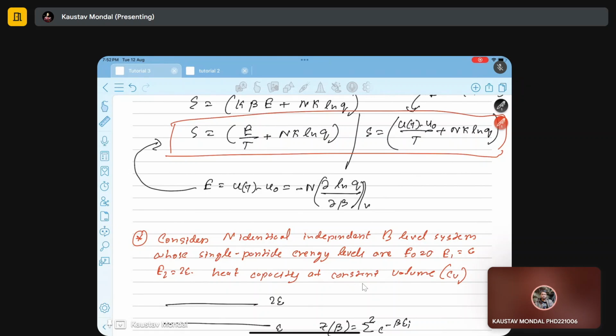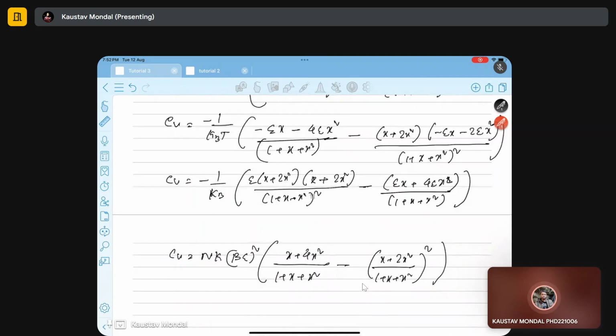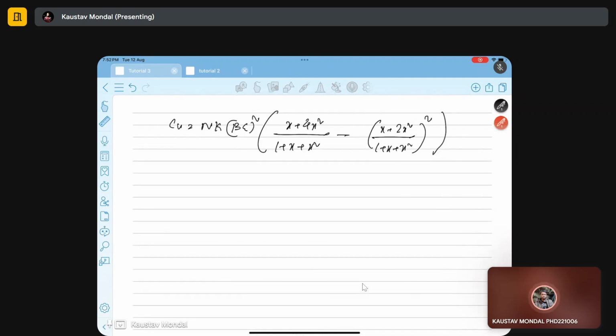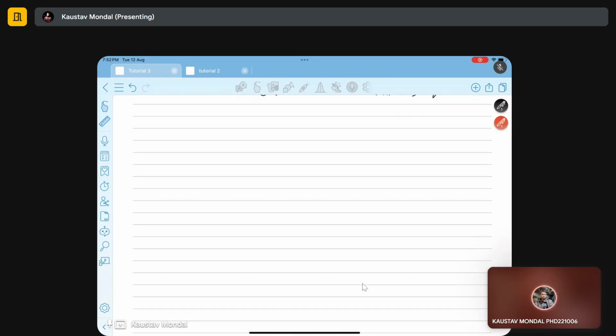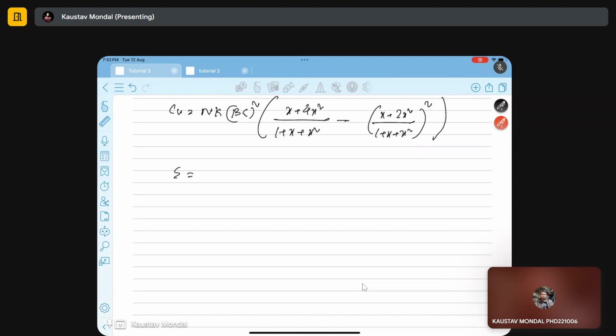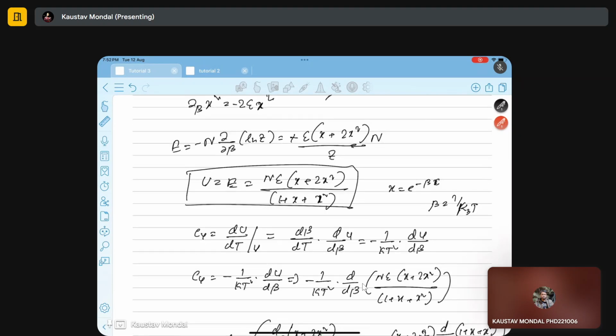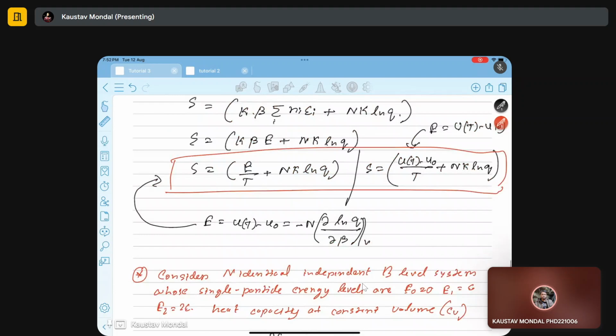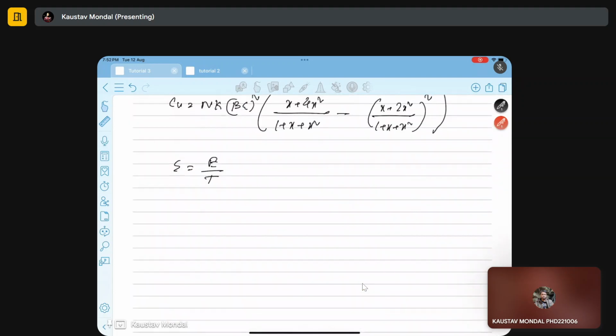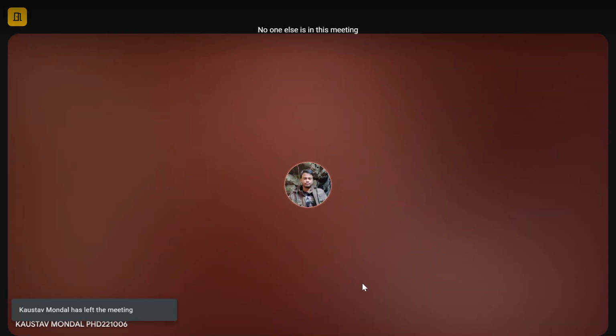So we just need to substitute those two expressions here in order to get the entropy of the system. Entropy would be simply E by T plus Nk ln Q, or ln Z in this case.